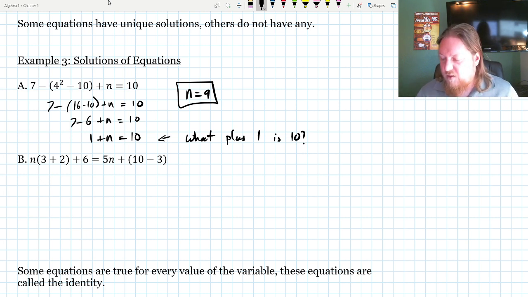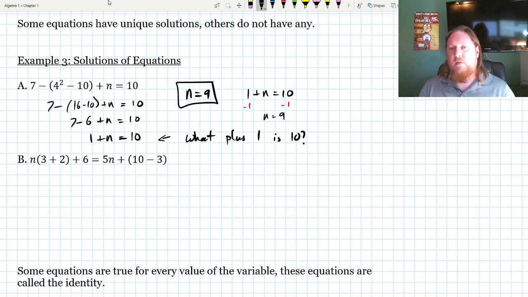You've probably seen this in Algebra 1 or pre-algebra: with a one-step equation, I can subtract 1 from both sides, and I get n equals 9. But that's not necessarily something that you know yet, so you just have to ask yourself what plus 1 is 10. The what has to be 9.